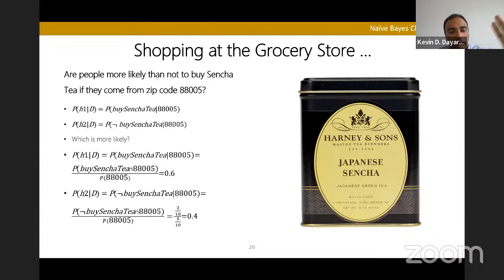Then you could think about how to target ads. I'm not going to go into the details here, but you can compute these using the techniques we just talked about. The probability of purchasing Sencha tea and belonging to zip code 88005 over the probability of belonging to 88005 is this conditional probability of purchasing Sencha tea given that you're from the zip code, and that comes out to 0.6. The probability of not purchasing Sencha tea given you're from the zip code comes out to be 0.4.